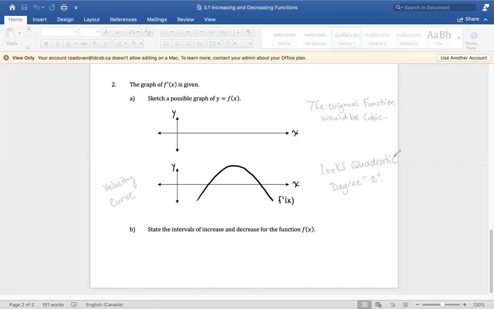Which obviously is degree 3. So let's start. Obviously, we have to point out something on this graph. So this is the derivative graph. The derivative of x here is equal to 0, where the y value is 0 here.